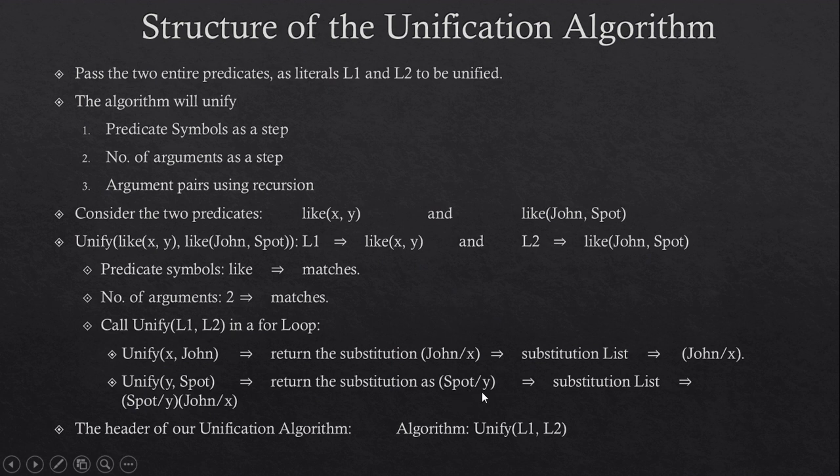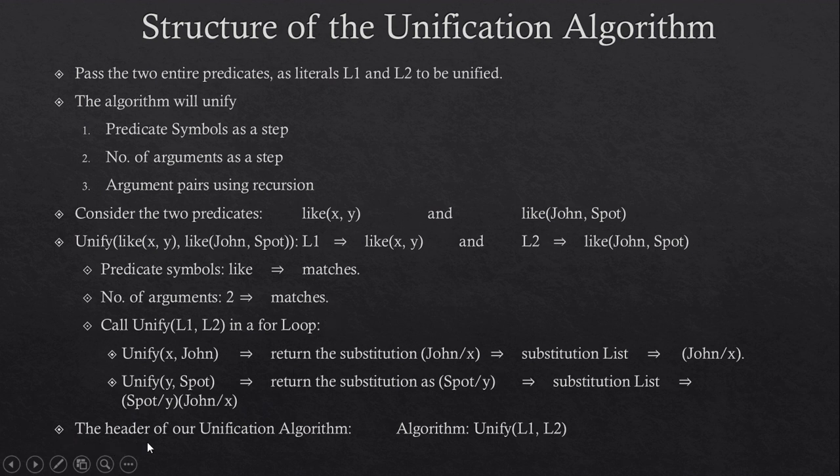This needs to be appended to the substitution list as Spot for y, then John for x as two individual brackets. This is according to the function composition notation. And this will be our final returned substitution list. I hope this example clears the structure of the unification algorithm.